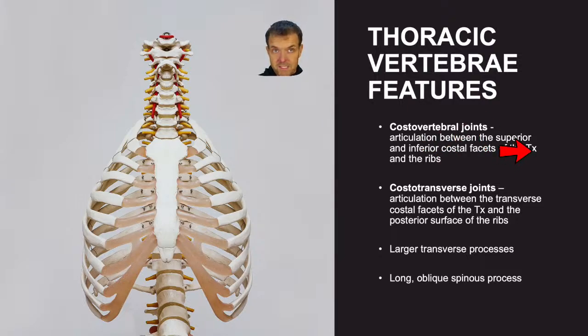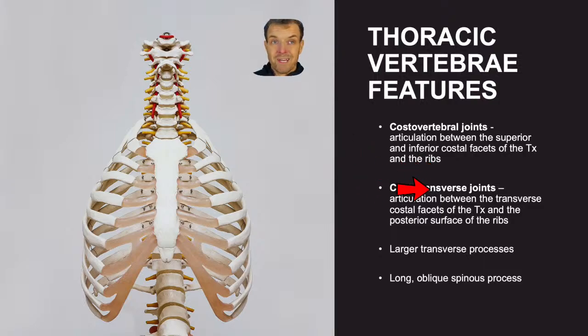The rib joins to both; there are several connections on the thoracic vertebra where it attaches. And that differs depending on what level it's at. The rib will move differently depending on whether it's lower, mid, or upper. So there'll be changes as we go.